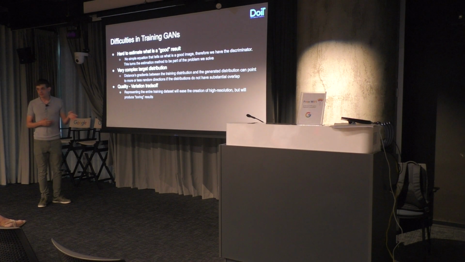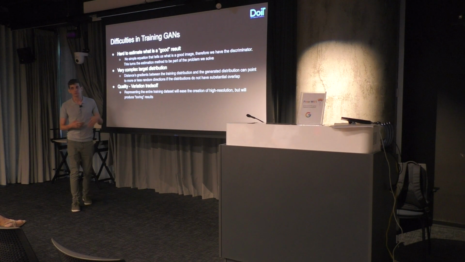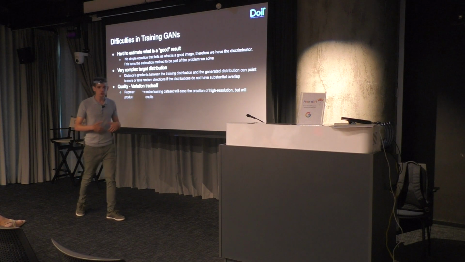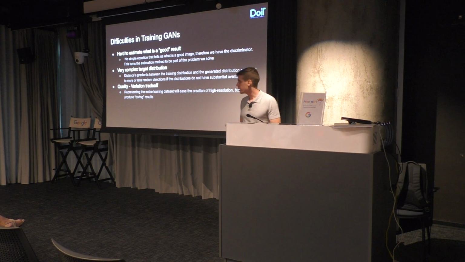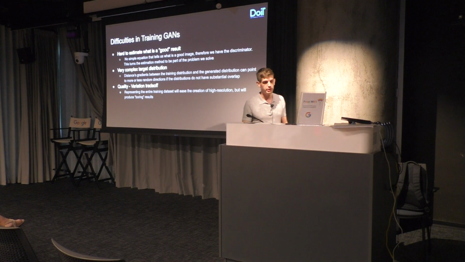And another thing that we also encounter is the quality variation trade-off. If we were able to overfit on our training set, we would always generate images that look exactly like the images in the training set. But we don't want that. We want a general model that can generate new images of digits or of human faces that are not exactly the same as the images in the data set.